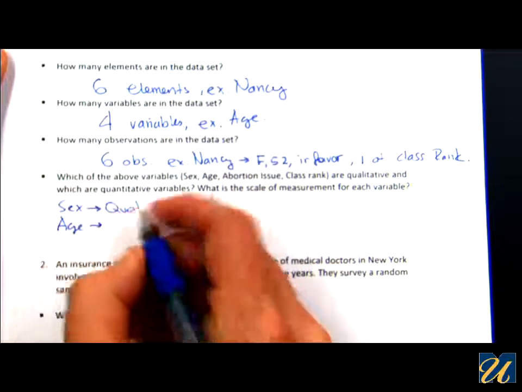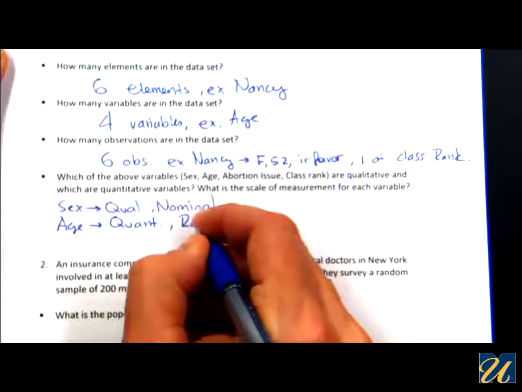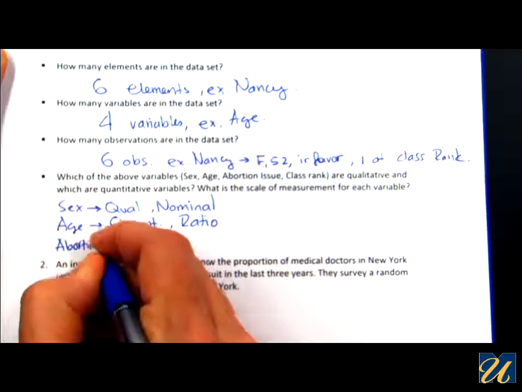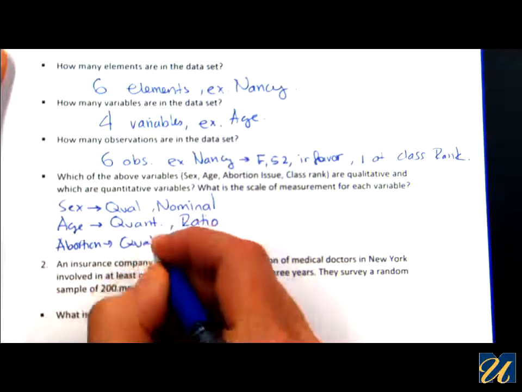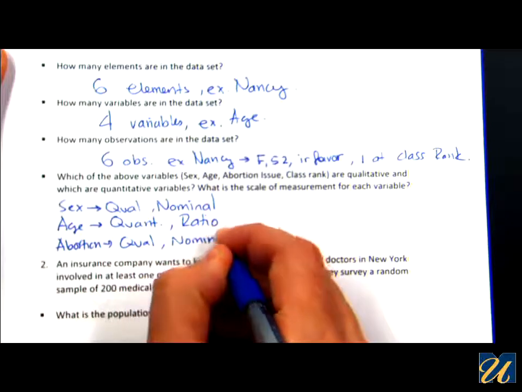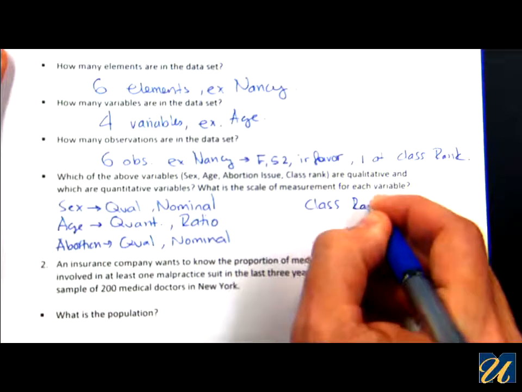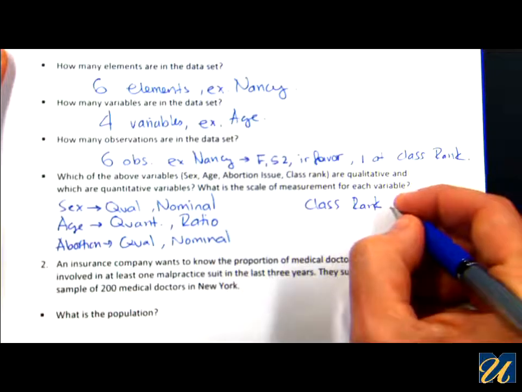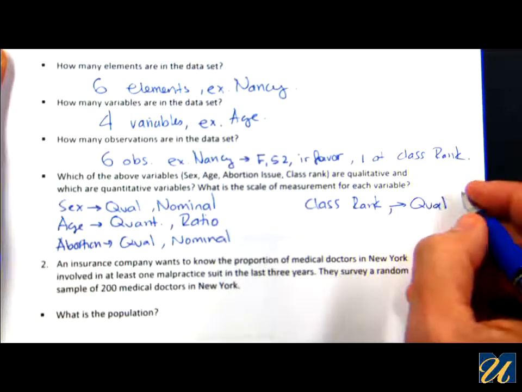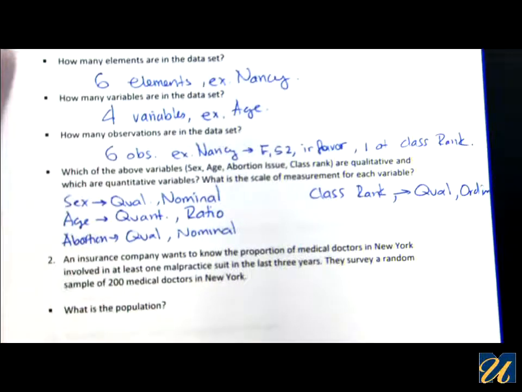Age, quantitative and ratio. Abortion, qualitative, in favor or against, nominal, therefore. And class rank, qualitative, and ordinal. Order is important.